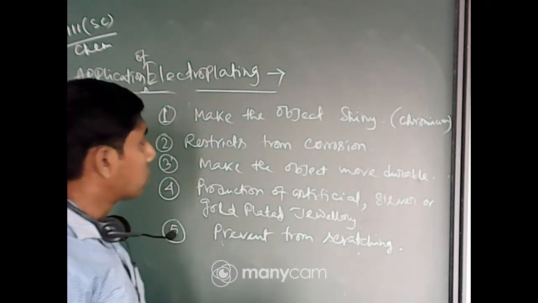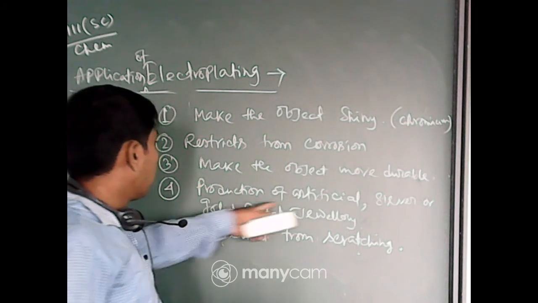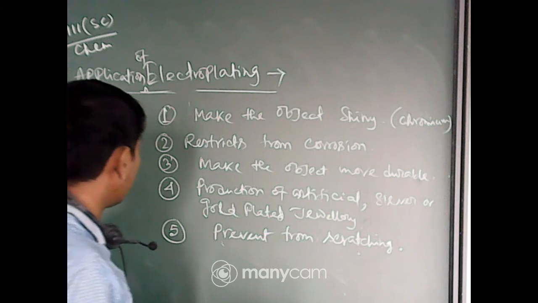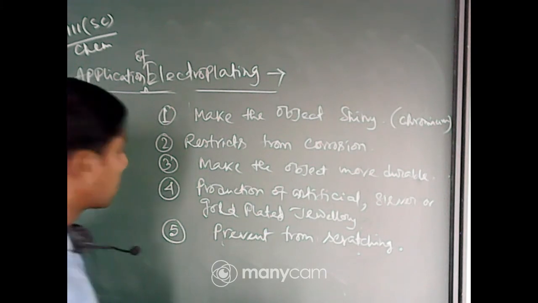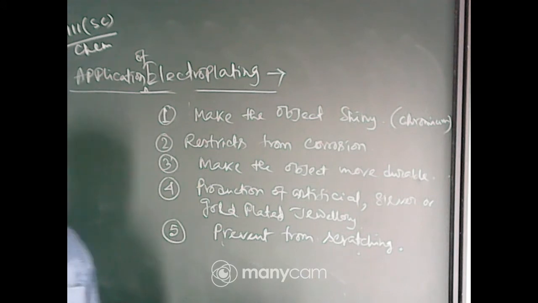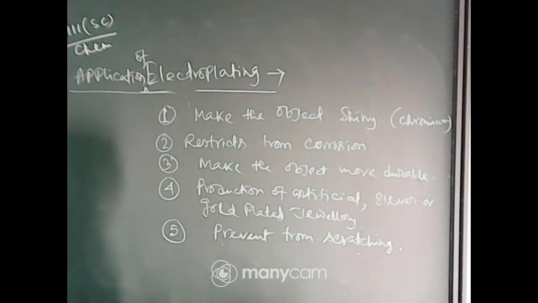And it is somewhat shiny also. Another one is the production of artificial or gold plated jewelry. This is also an application. Prevent from scratching: as the metals are stronger, the coating of that metal prevents it from scratching. So these are also applications of electroplating.